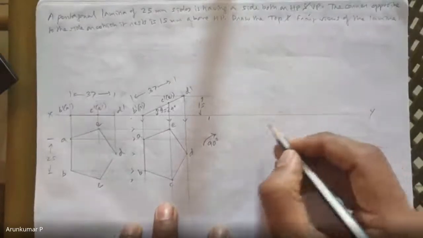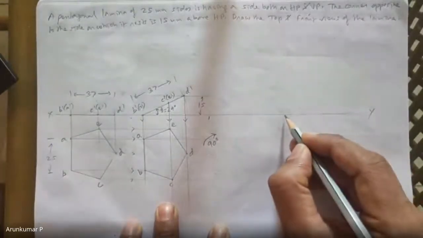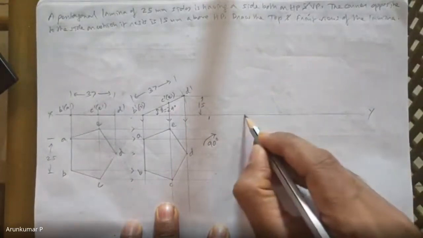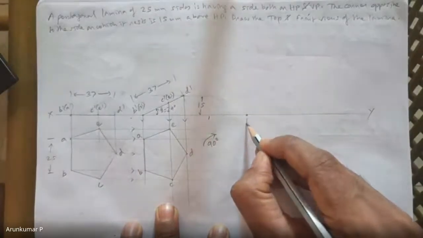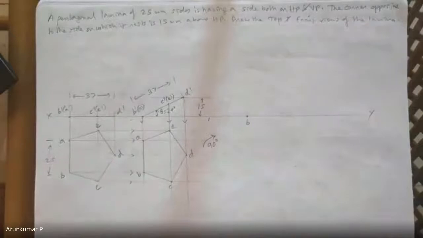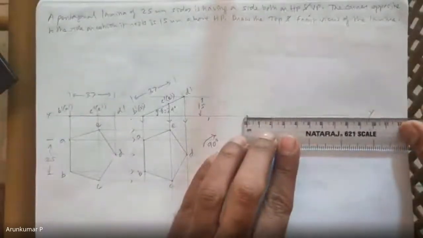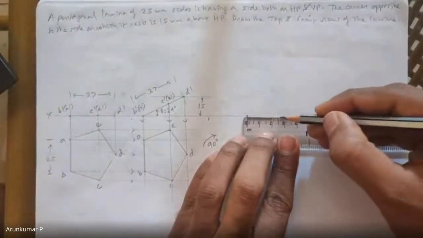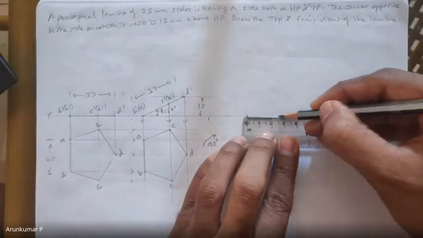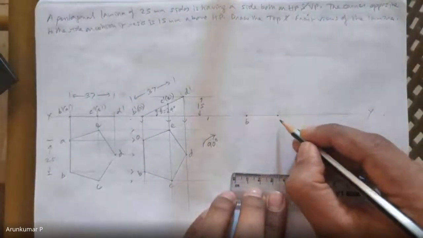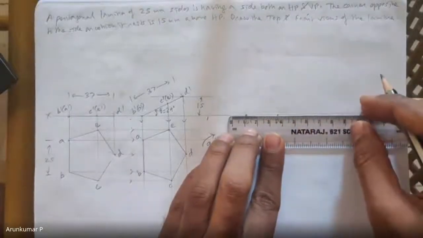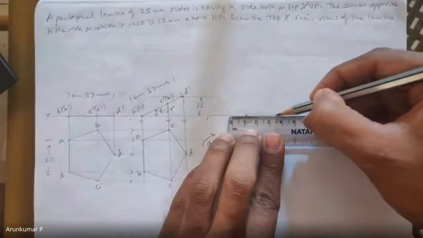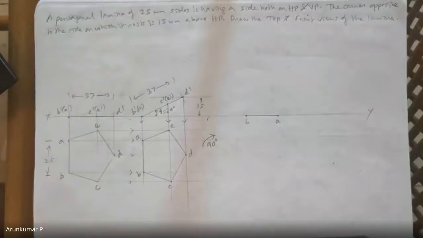So what you do is some distance away you can locate A first or B, whatever. You can locate say B here because B will be on the left, and 25 mm away you can locate A. This is what happens. AB should be placed on XY line.